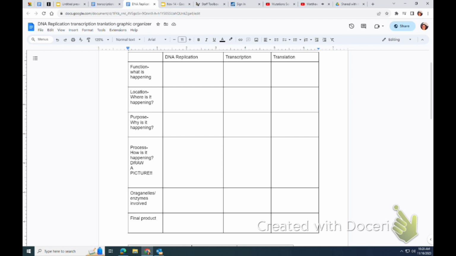All right, so we're under that DNA replication column. On the left-hand side, the first question is function. What is happening? During DNA replication, DNA is being copied.